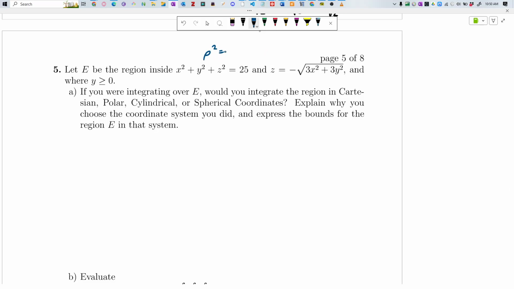Rho squared is equal to 25. In other words, rho is equal to 5. So I'm already thinking that this should be in spherical coordinates. Maybe I'll write that down. Spherical. So this condition is the one that we really need to work with. I can factor out the 3.